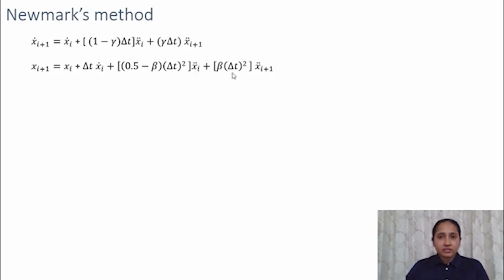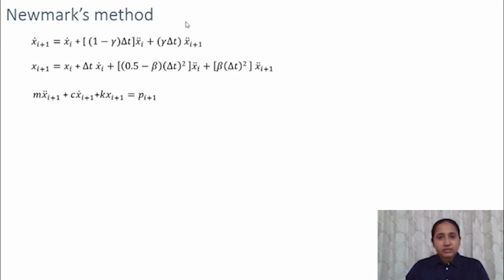Parameters gamma and beta control the variation of acceleration between two time instants. And we know that the equation of motion at time instant i plus 1 is expressed like this.